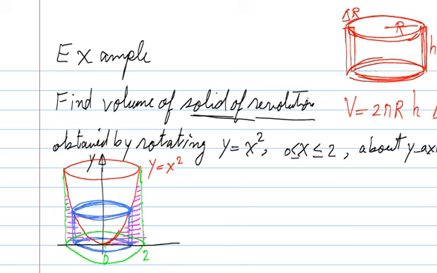For example, here's another one of these cylinders. You can take a rectangle here. During the rotation, this rectangle is going to create a shell.